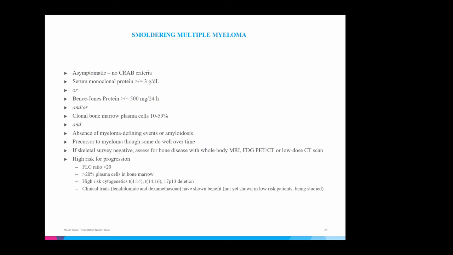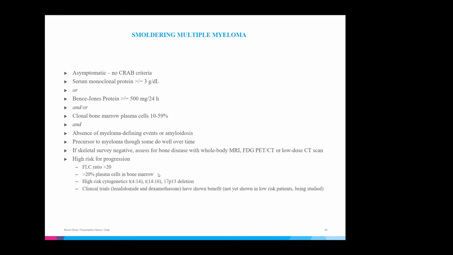If the skeletal survey, if that's been done, is negative, then you would assess for bony disease with a more sophisticated, more sensitive study, such as whole body MRI or a PET scan. The patients who have high risk for progression from smoldering myeloma to multiple myeloma are those with free light chain ratios greater than 20 and greater than 20% plasma cells in the bone marrow.